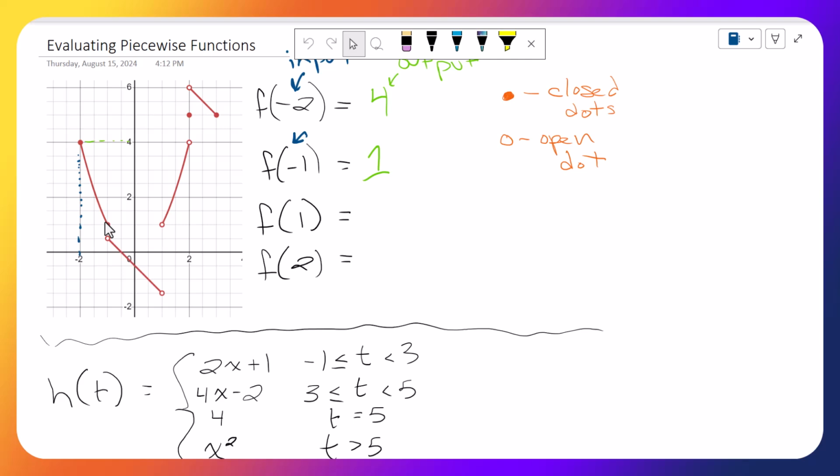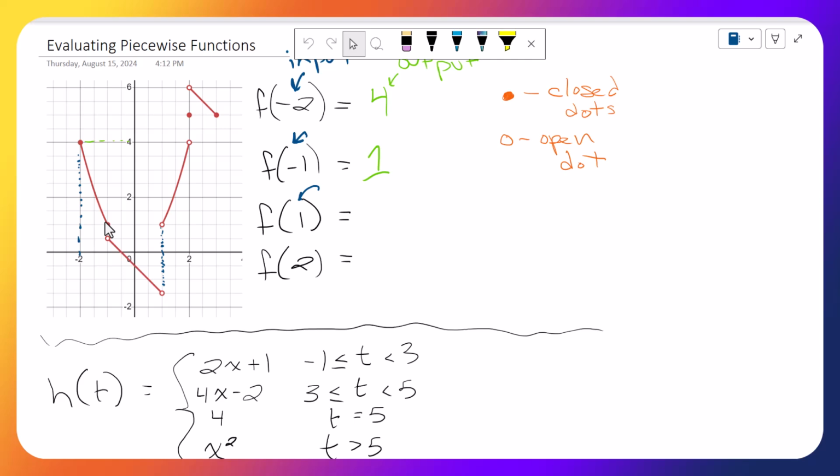And now we'll go to f of 1. We have our input of 1, and we have another gap in our function, which there's a technical name for, but we're going to talk about that in class, so I'm not calling it that yet. This gap in our function has 2 undefined points around it.